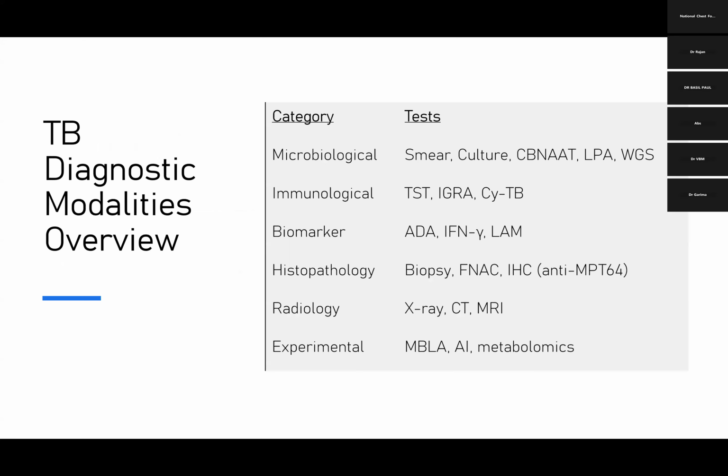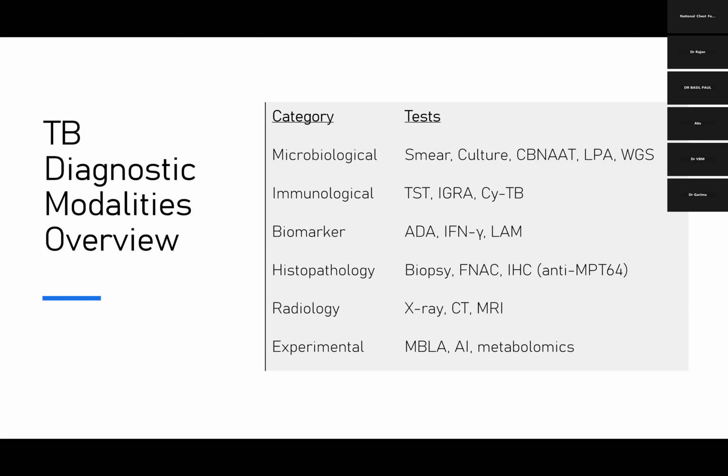So if we look at an overview of the diagnostic modalities, we have microbiological, immunological, biomarkers, histopathology, radiology, and there are some newer experimental tests that are still under evaluation. Microbiological, you can have smears, you can have cultures, you can have CBNAT, you can have LPAs, you can have whole genome sequencing. Immunologicals, amongst others, you have tuberculosis skin test, IGRA, SCI-TB, the newer one.